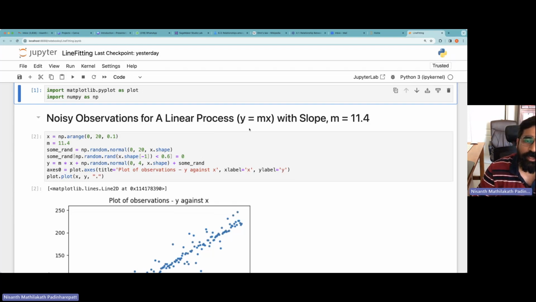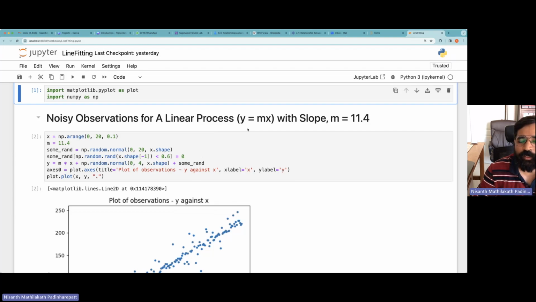Similarly, another thing could be the voltage across a conductor, V equal to IR. We would have heard about Ohm's law in our school, higher secondary. There also it is a linear relationship. R is the resistance, I is the current through the conductor.